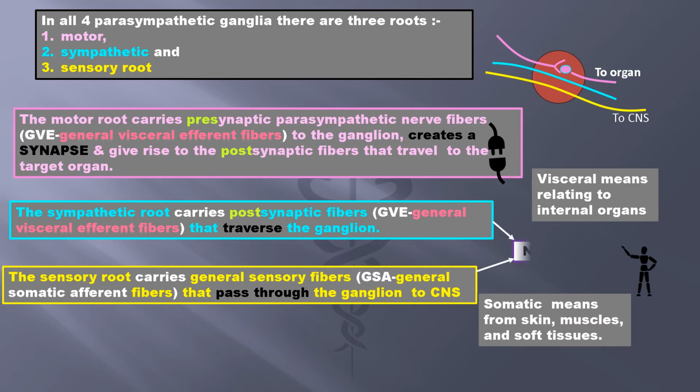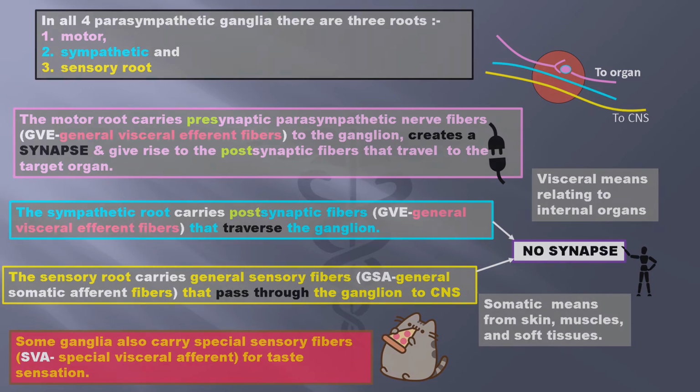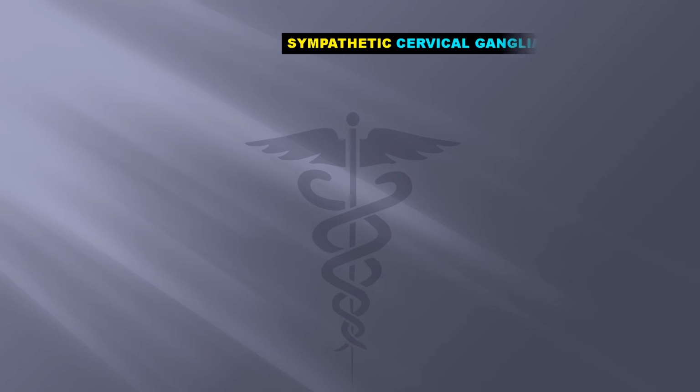Somatic means from the skin, muscles, and the soft tissues. The sympathetic and sensory fibers just pass through the ganglion without synapse. Some ganglia also carry special sensory fibers, which are visceral afferent for taste sensation.